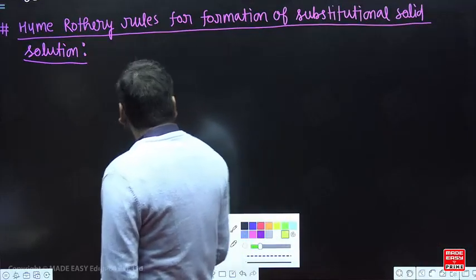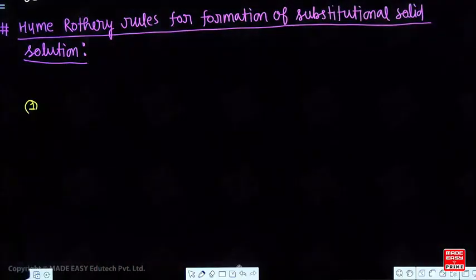There are 4 points. The first point is atomic size factor.